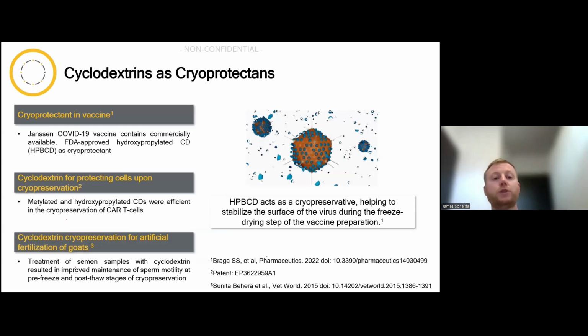And the most recent one is about using them as cryoprotectants. Like many other sugar type molecules, cyclodextrins can also be used as cryoprotectants, and this effect has been recognized quite a while ago, typically associated with methyl beta cyclodextrin and cholesterol, how they could interact with the lipid rafts.